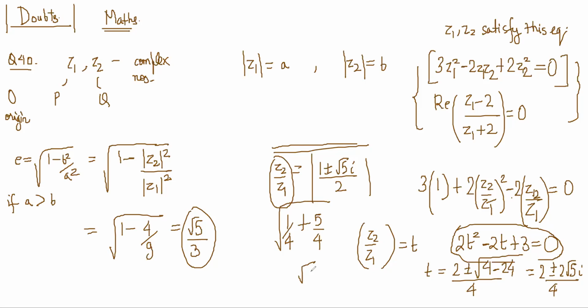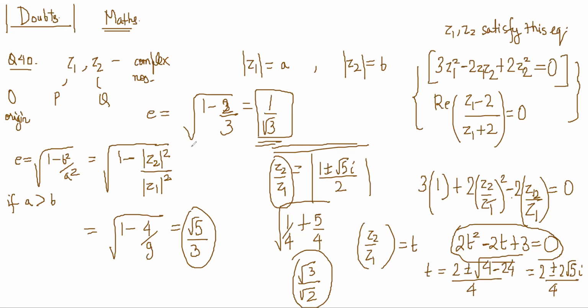Oh, root 3 by root 2, no? That is a mistake, right? You understand? Mod of this is root 3 by root 2, no? Yeah, fine. So opposite, when you do 1 minus 2 by 3, so 1 by root 3 has come, no?